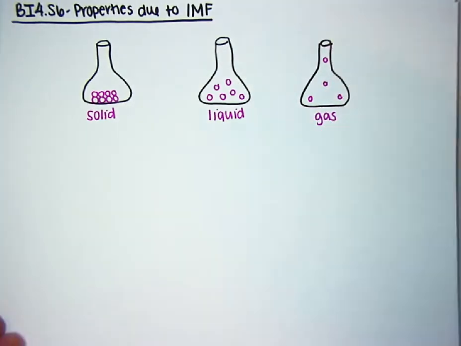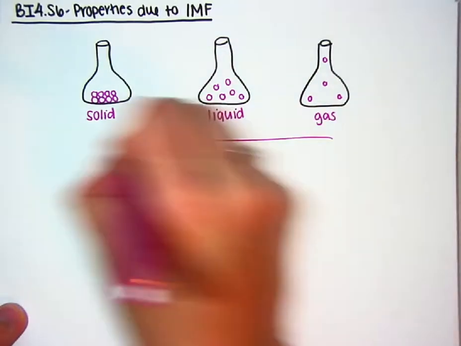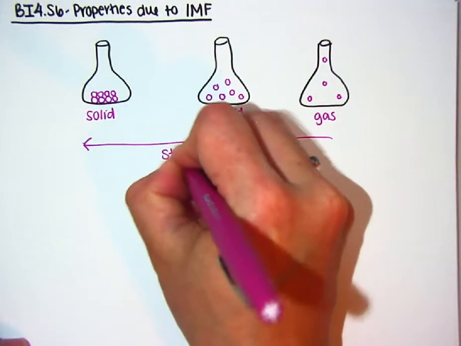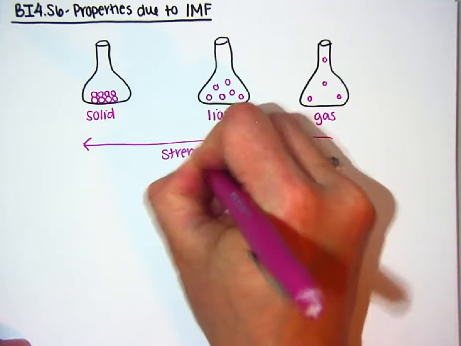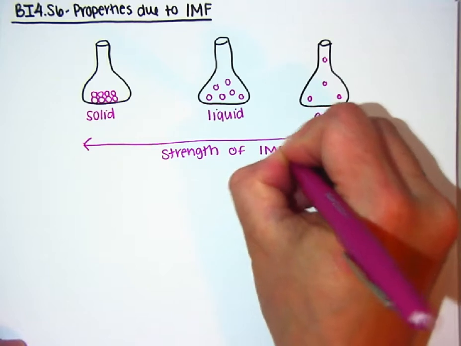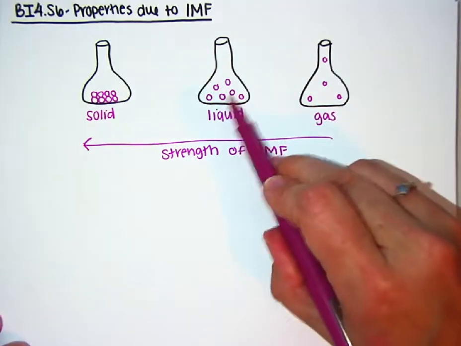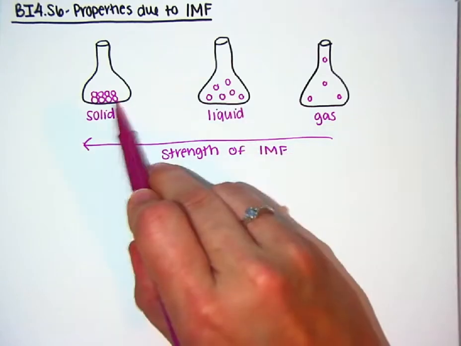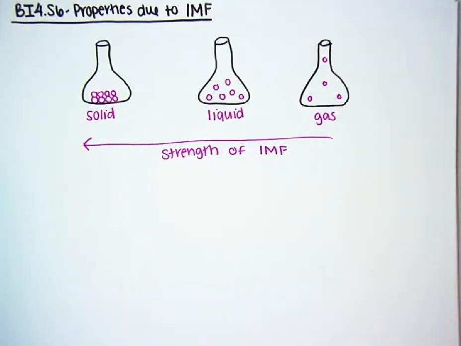So that means that the strength of the intermolecular force is much greater for a solid than it is for a gas. So there is a force that is holding these molecules together. The stronger the force, the tighter those molecules are going to get pulled together. That will be an important thing to remember as we go through these properties.